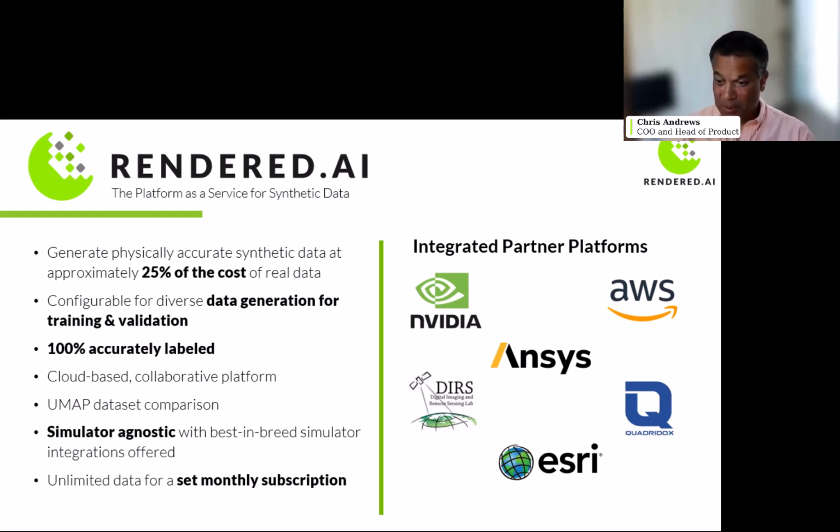And of course, we partner with Esri for things like access to imagery services that can be brought into the platform. So generally, what we're doing is helping customers piece together 3D models, 2D backgrounds, and other 2D information, and then combining those into scenes that are processed through simulators, such as some of these.